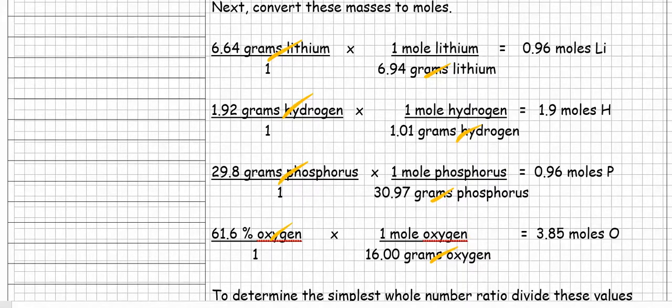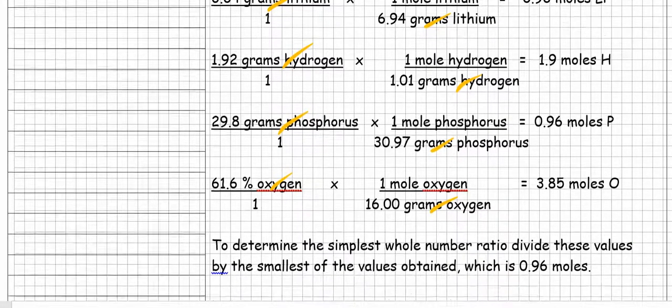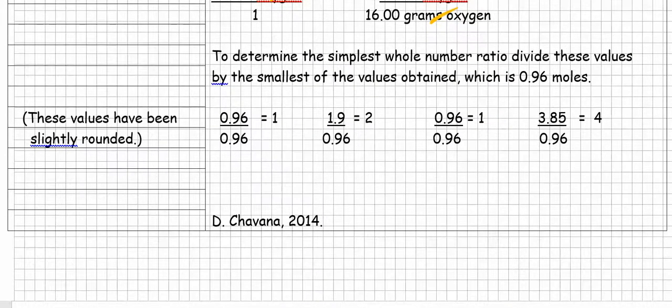And what I'm going to do now is divide by the smallest of these numbers. It turned out to be the 0.96 here and here. And so I divided by the 0.96, remember? And when I did that, I got this 1 to 2 to 1 to 4 mole to mole to mole to mole relationship. I was lucky that they're all whole numbers, because if they're not whole numbers, I have to multiply by 2 or multiply by 3 or whatever I need to do. But this is pretty straightforward. 1, 2, 1, 4.